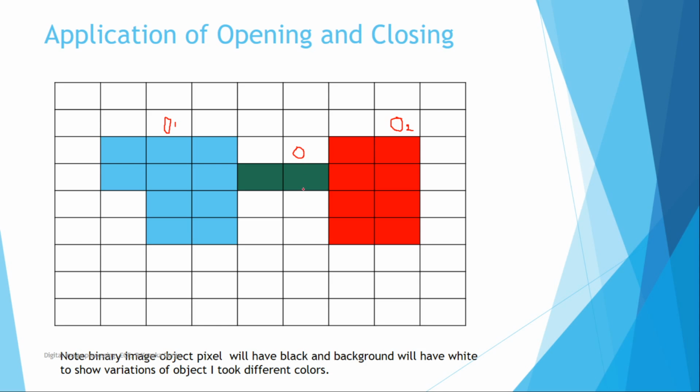This is noise that has been added to the image with respect to the background. And in object 1, these cells are not filled, since this is another noise added to the object, so it is not fully filled. So this is the noise within the objects, and this is also noise with respect to the background.